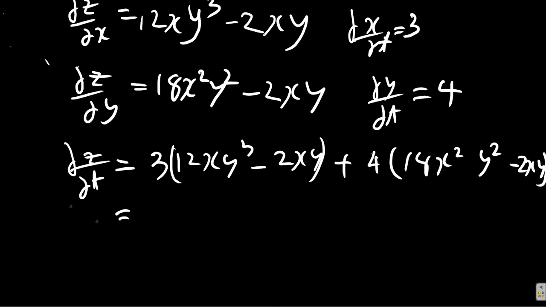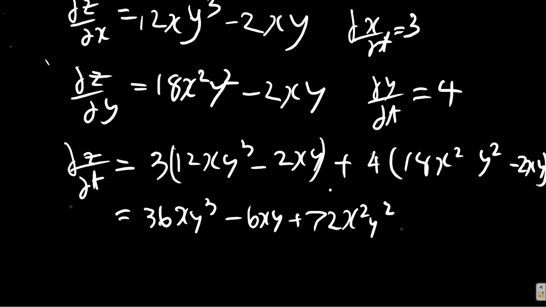And of course you can open the brackets, simplify, alright? 3 times 12 is 36 xy cubed minus 3 times 2 is 6 xy, plus 4 times 18, alright? 4 times 18, that's 72 x squared y squared minus 4 times 2 is 8xy. Okay, so we can simplify it a bit, you know.